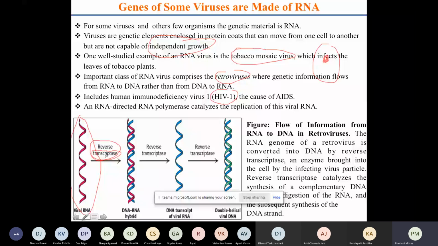So what it means is that suppose I have a DNA molecule. The question here is that DNA, on one hand, can synthesize another strand of DNA, or DNA can also synthesize RNA. So DNA is acting as a template, and it will synthesize RNA where some of the RNA molecules are already attached.